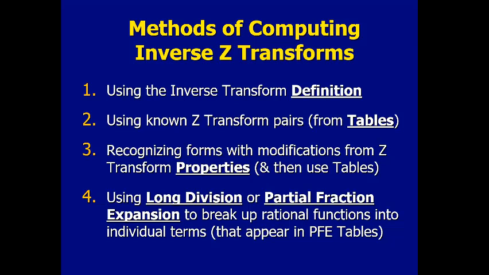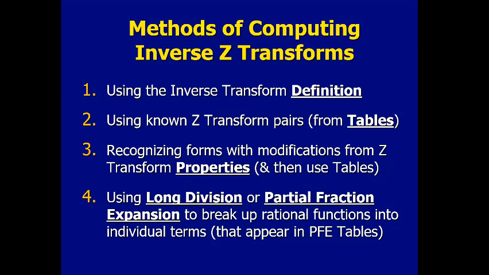Barring that, if we have a more complicated expression, which is more typically the case, usually if we have something with higher than a second order denominator in the thing that we're trying to inverse transform, we've got to revert to doing either long division if we just want sample values, or partial fraction expansion if we want to get an analytical closed form solution.